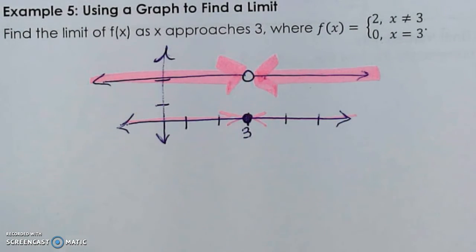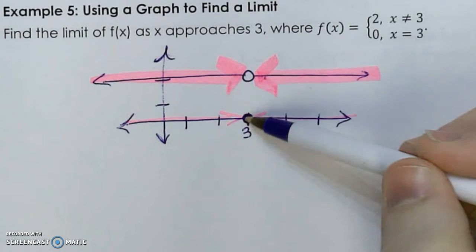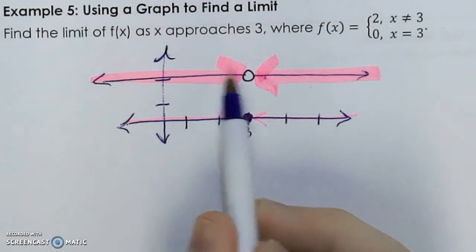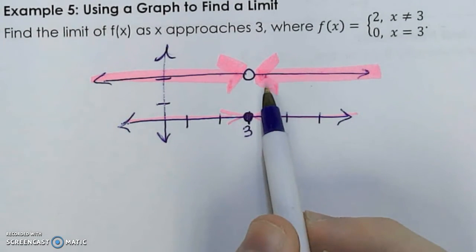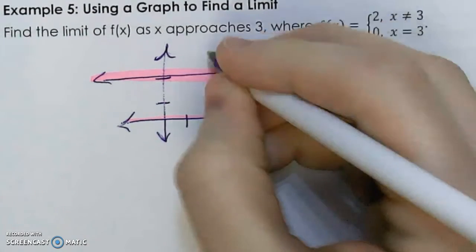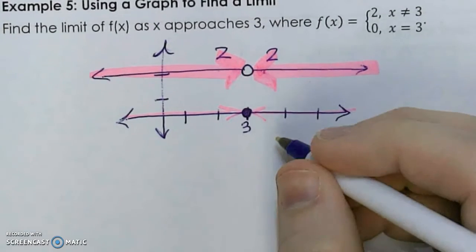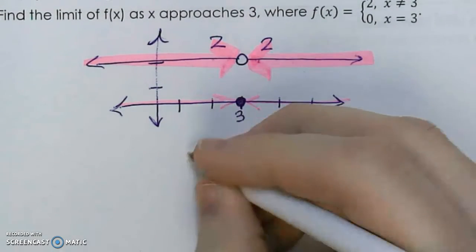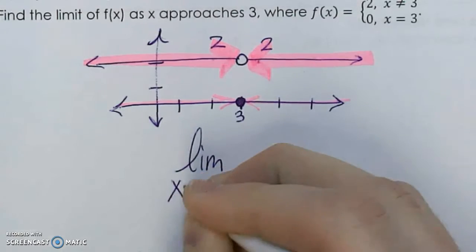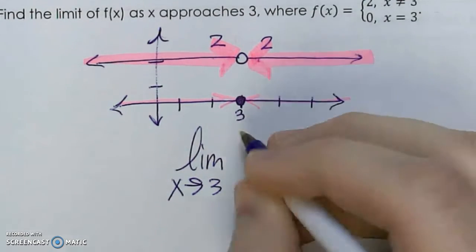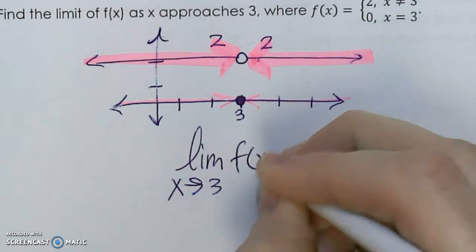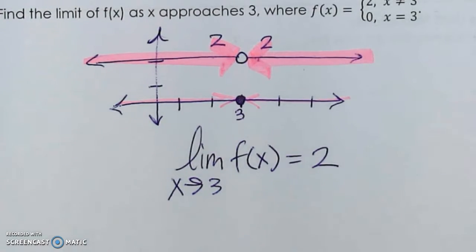So even though the function value is 0, the y values were approaching 2. So if this side goes towards 2 and this side goes towards 2, then the limit is 2. And so we will say that the limit as we went towards 3 on the x-axis, the function values went towards 2, so the limit is 2.